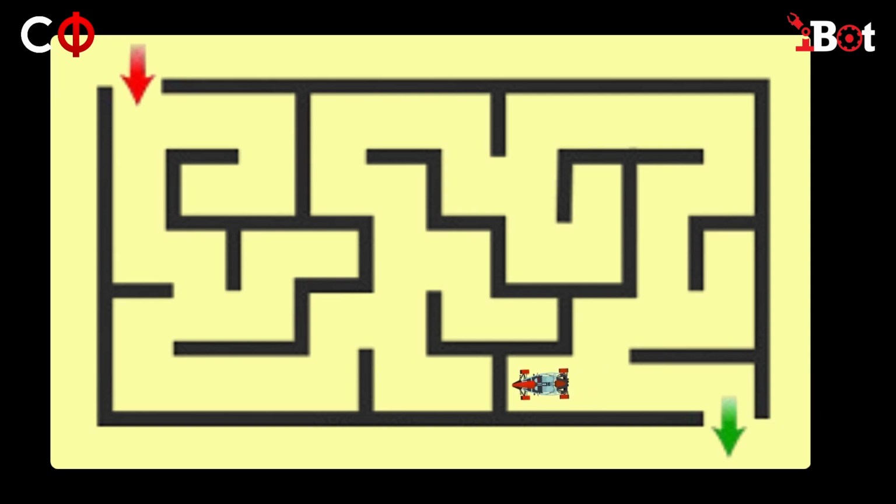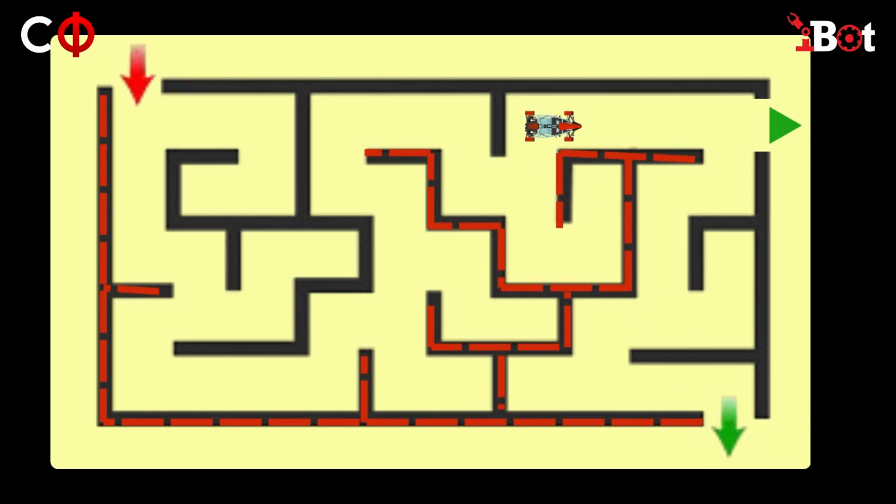Now that it is approaching the end, let's see how it goes. We can see here that the robot actually just went and touched this red line wall, and even if the black line wall is absent, it doesn't matter. Now let's see what happens if the exit point is on the other side, which is not in contact with the orange wall.